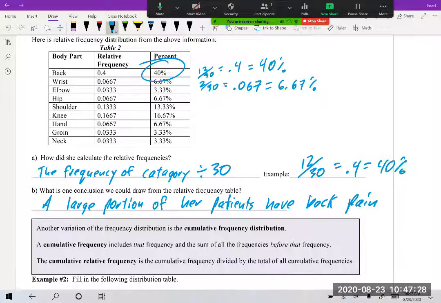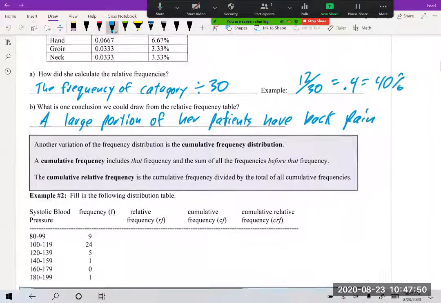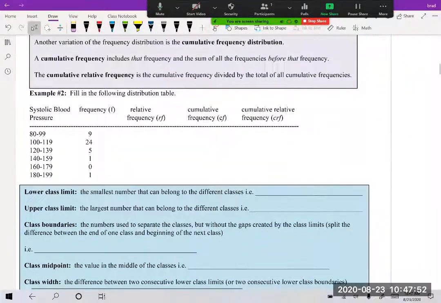Now, what if you wanted to say, oh, well, we're going to buy some new equipment, and anybody that has wrist or elbow or shoulder or hand pain would all benefit from this technology. Then you could add all those up. And that could be something like a cumulative frequency. But it really depends on the setup of the problem if you would be able to do it perfectly like that, okay?